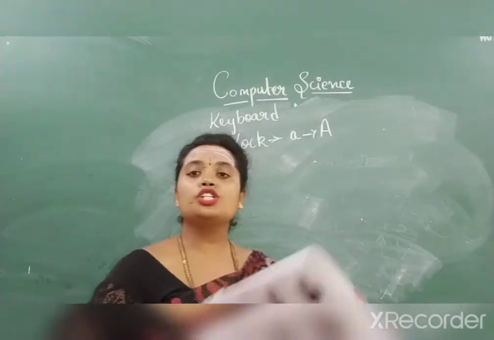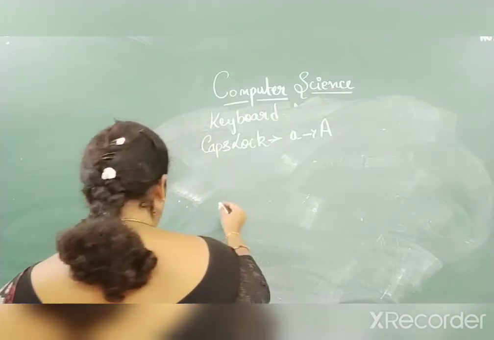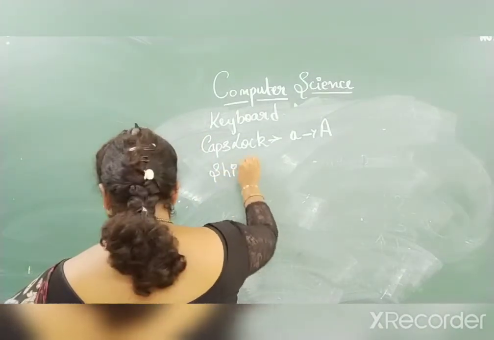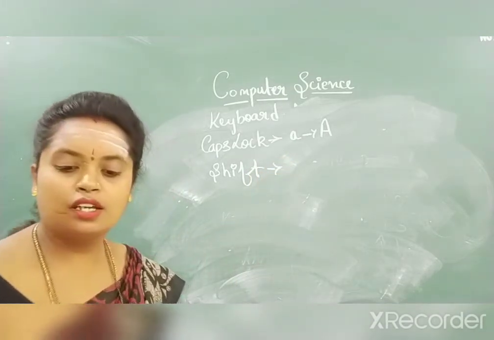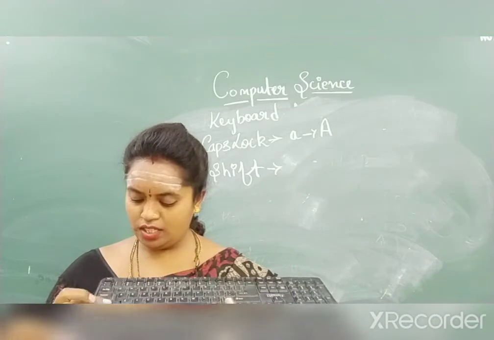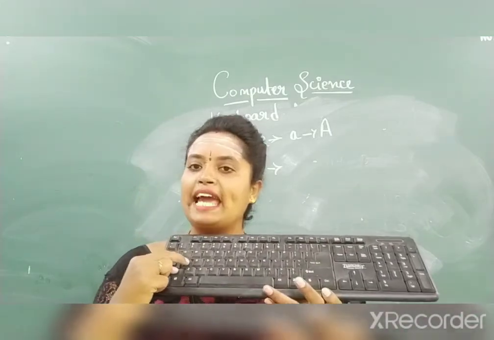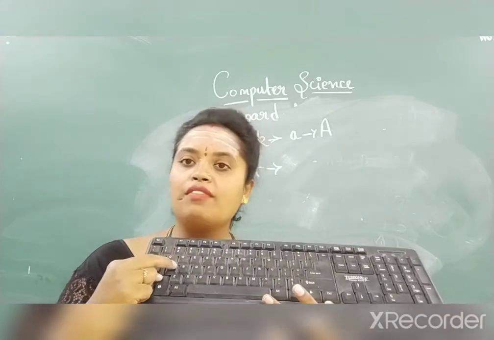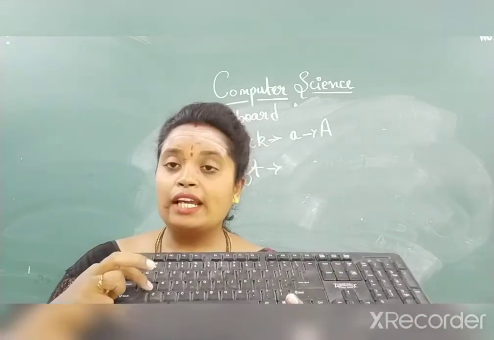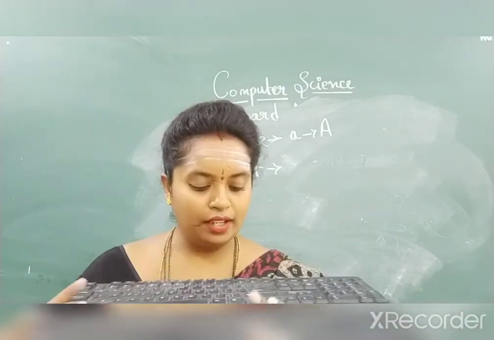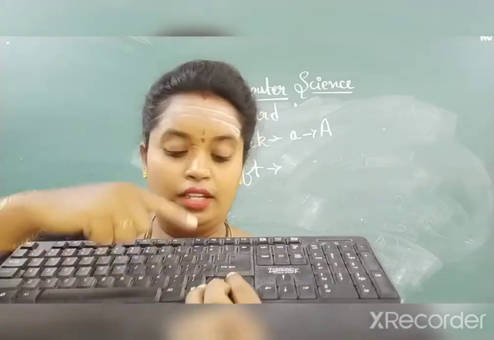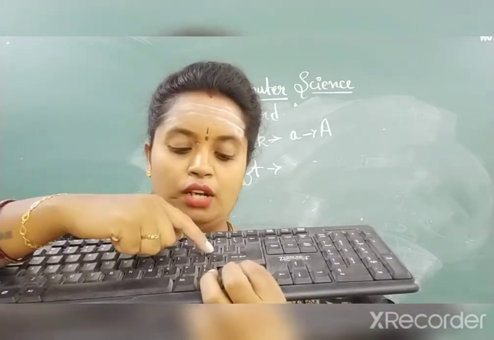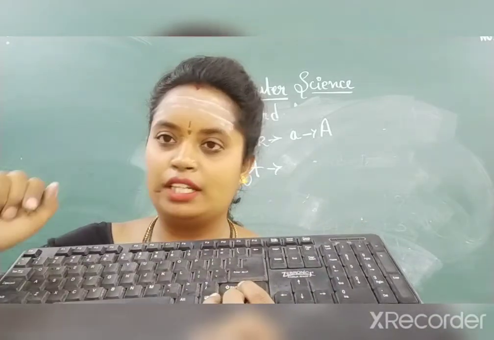The next one is your shift key. What happens when you click on the shift key and click on A? You want only A as the capital letter, so A will become capital. Once you leave, if you click on A, it will be a small letter. Then, using the shift key, you can type double inverted commas and single inverted commas. Once you click the shift key, one single click, double inverted commas will appear.